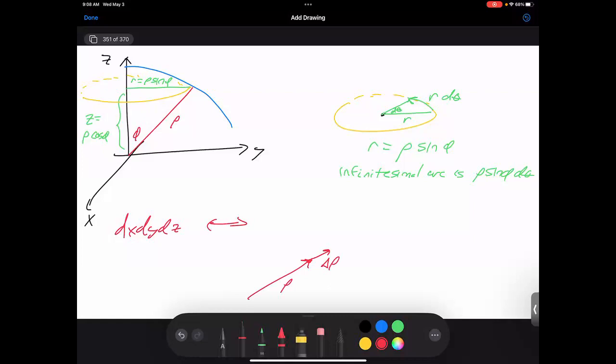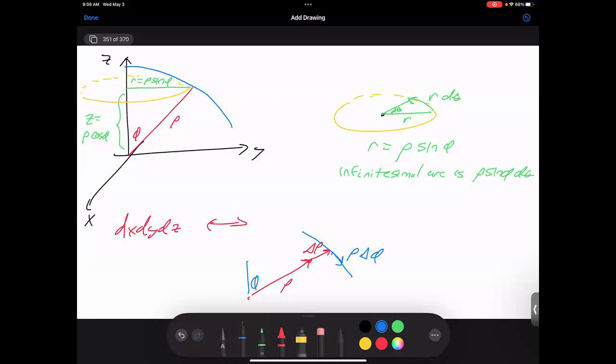And then I'm going to come down a little bit like this. Here's my phi coming down like this. And so if I want to do a small little arc over here, this would be rho delta phi. And this is giving me 2 of my 3 directions.